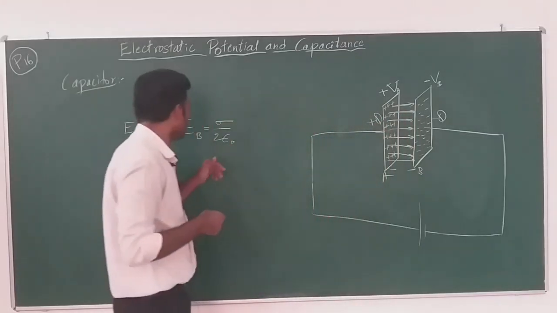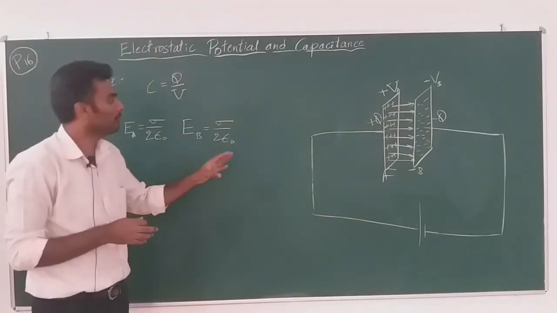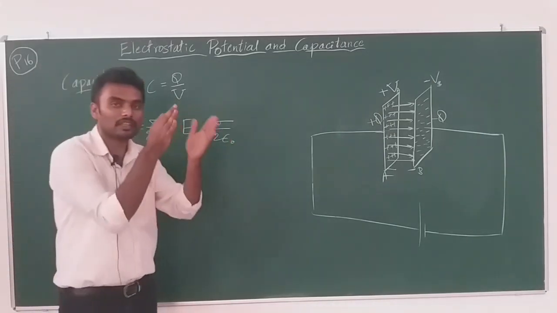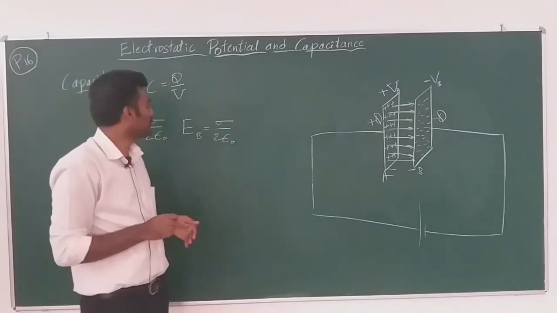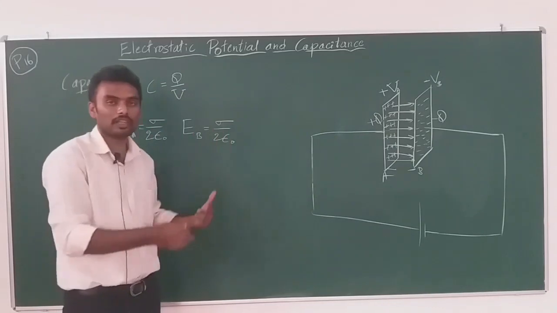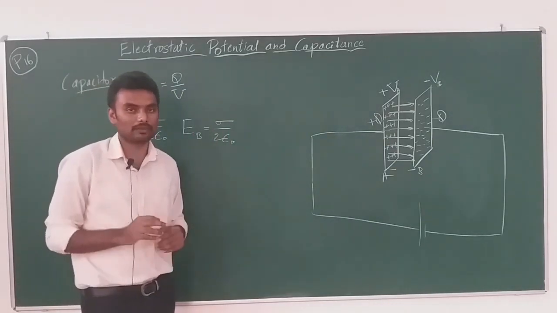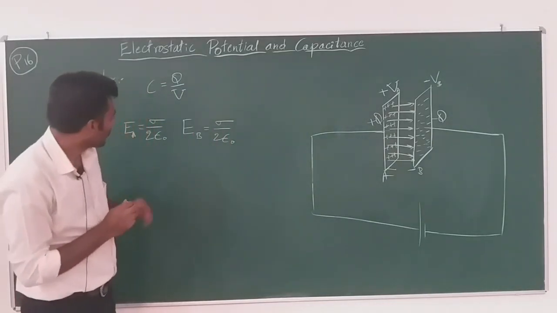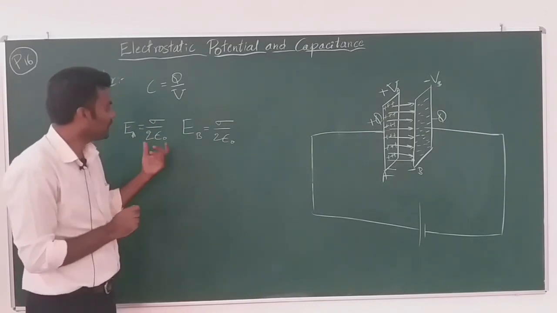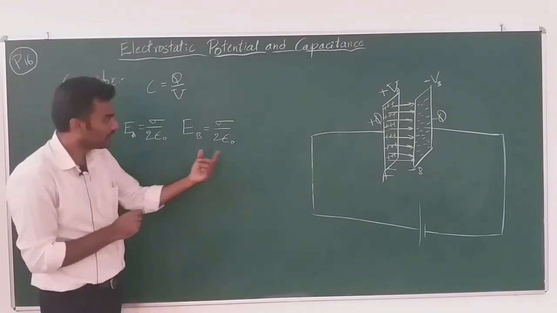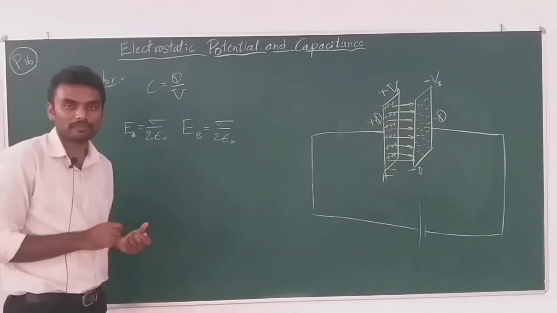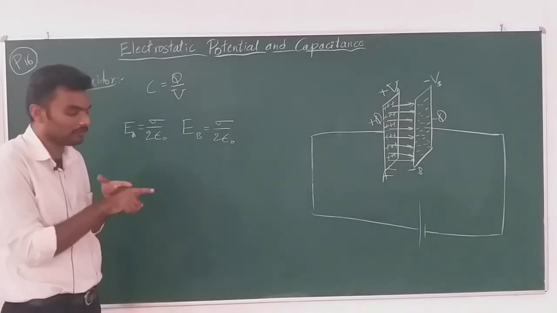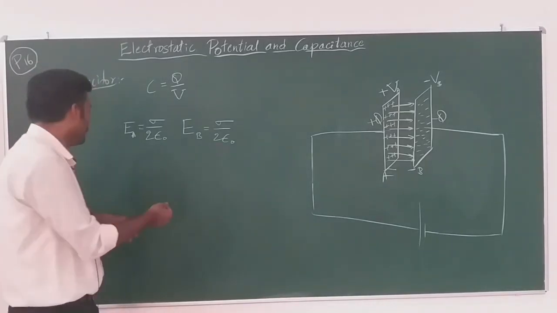So EB is also equal to sigma by 2 epsilon naught, because sigma is the same, since the area of the plates chosen is the same and the charge accumulated on them is also the same in magnitude. So now you have EA and EB, which are equal, and the net electric field inside is the sum of EA and EB. They are actually the vector sum. Since they are in the same direction, we will directly add them.